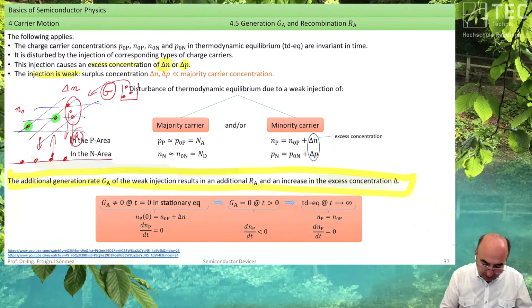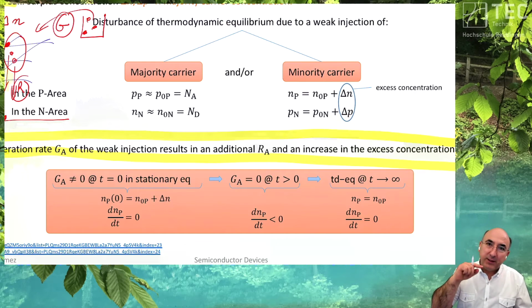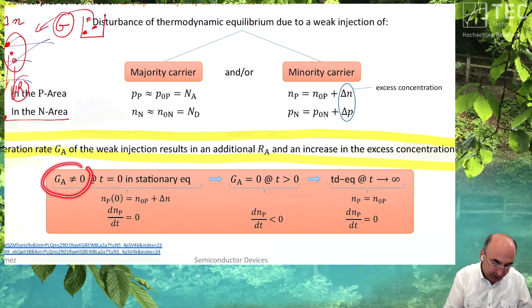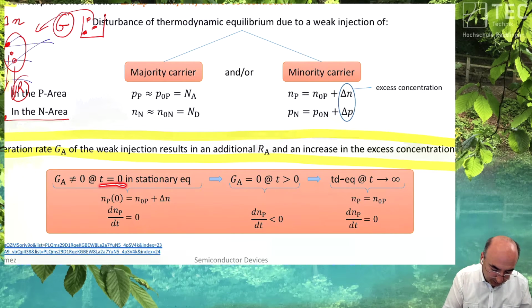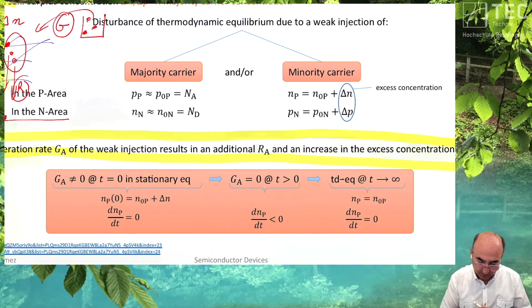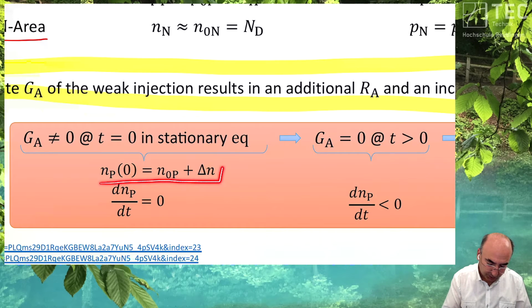Okay. So taking this statement into account, we have the following condition. If we have additional generation, the bucket, and you pour it on, at a certain time we have a stationary situation.